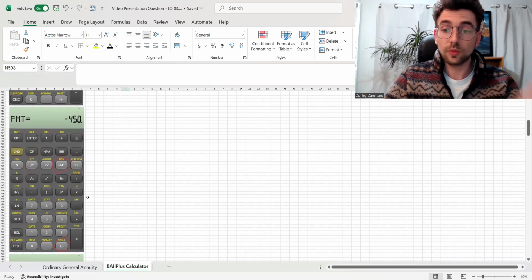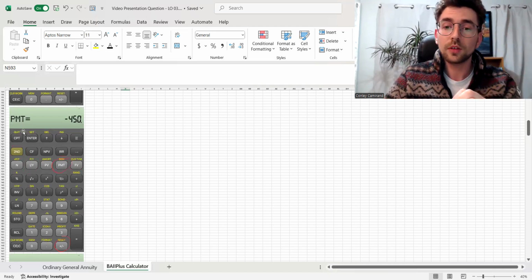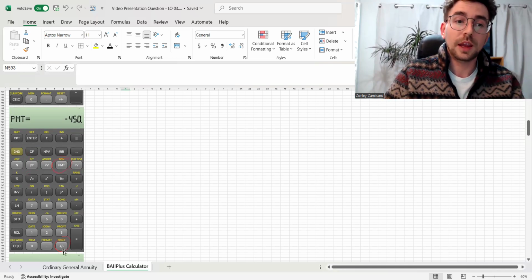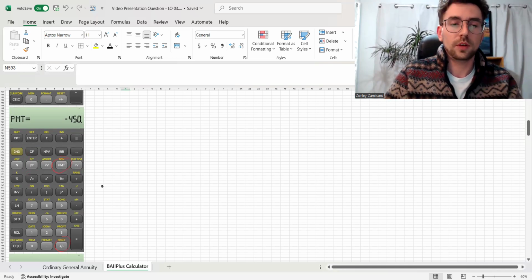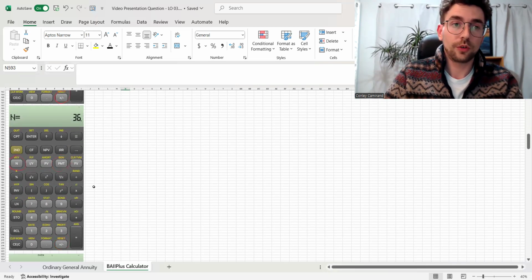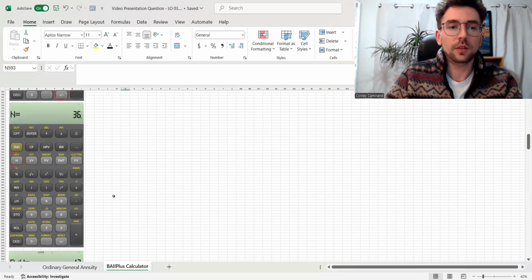Next, because present value is 0, we have to enter our payment, PMT, as a negative. So first payment for the first half of our timeline, 450, negative, press payment. Now it's set. Next, our N for our first one, so 36 payment periods for the term, press N.